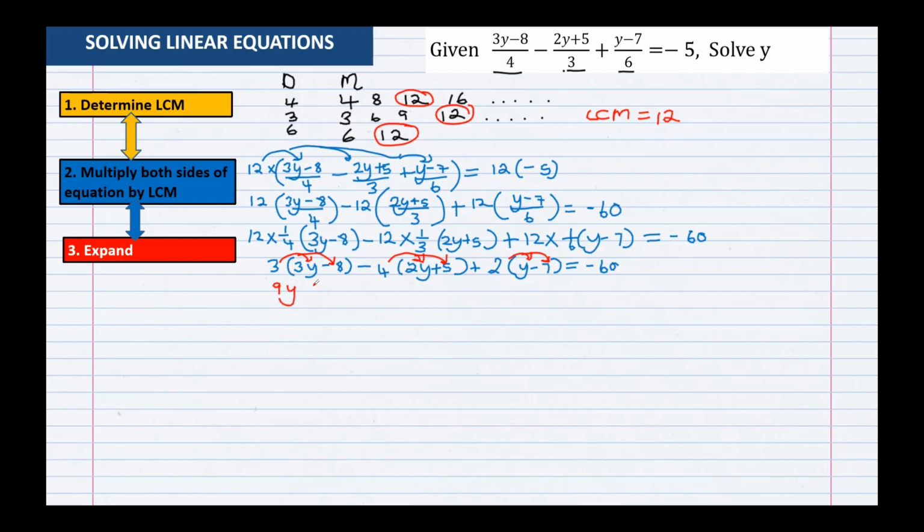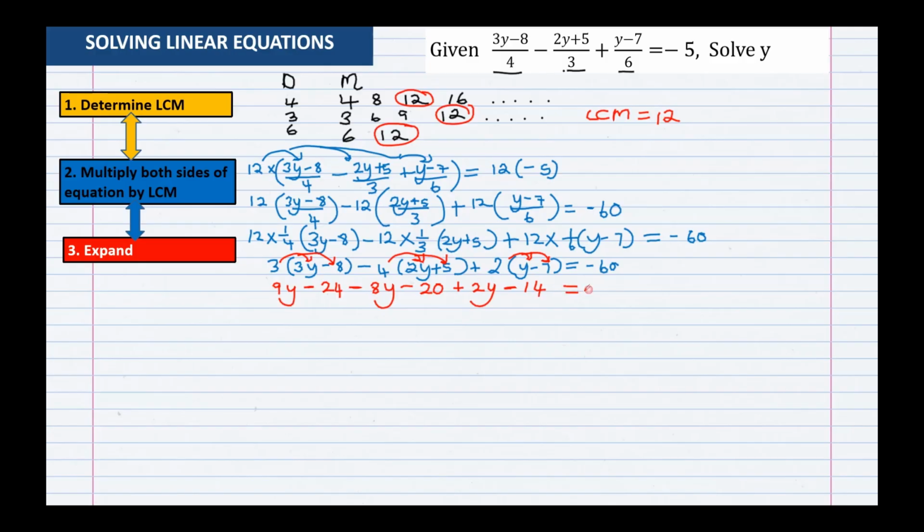Minus 4 multiplied by 2y will give me −8y. And then minus 4 multiplied by positive 5 will give me −20. And here plus 2 multiplied by y will be plus 2y. 2 multiplied by −7 will be −14. And that will equal −60.